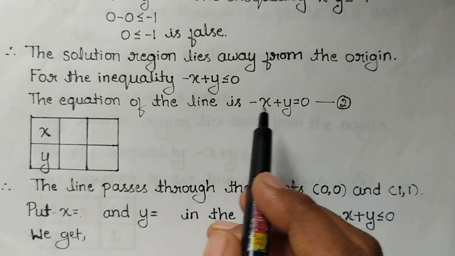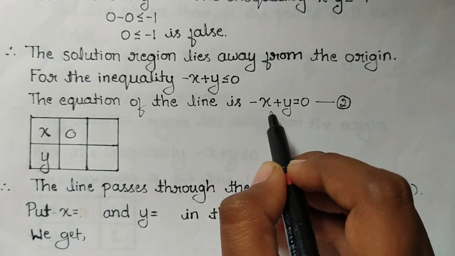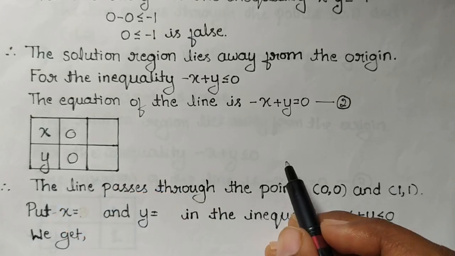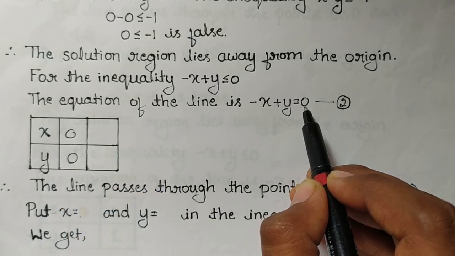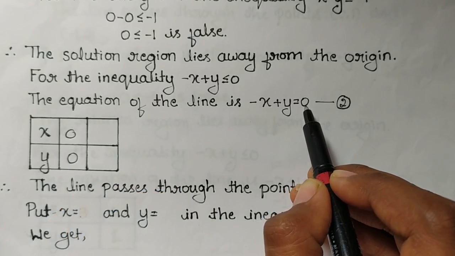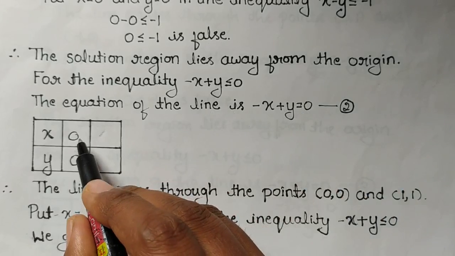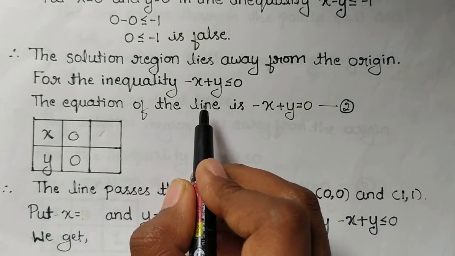To find the points, put x as 0 in this equation. We get y is equal to 0. Now remember that the constant in this equation is 0. Then the line of this equation always passes through the origin. So origin is one of the points on the line.